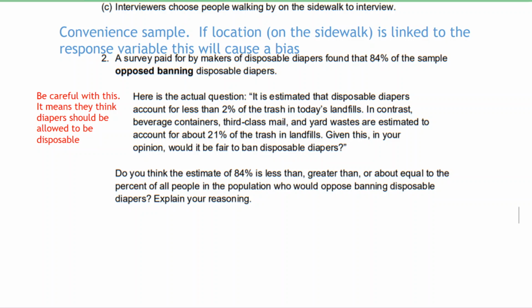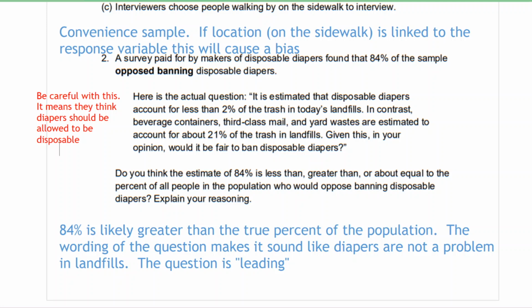So do we think that 84% is less than, greater than, or equal to the true proportion, the true percent of people who oppose banning disposable diapers? Well, 84% is probably greater than the true proportion of the population.